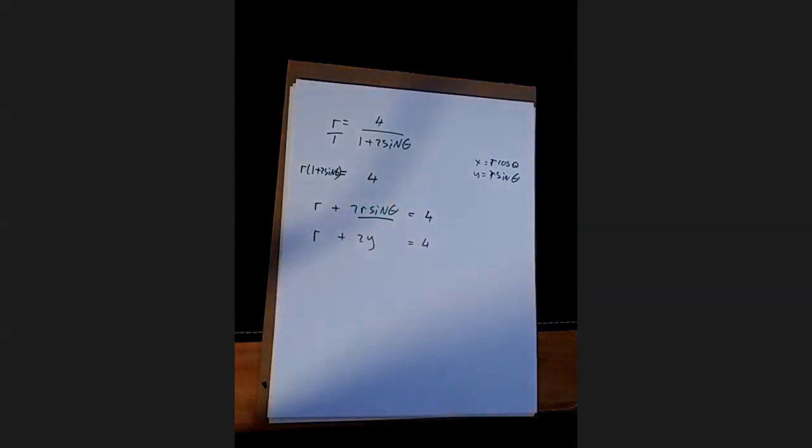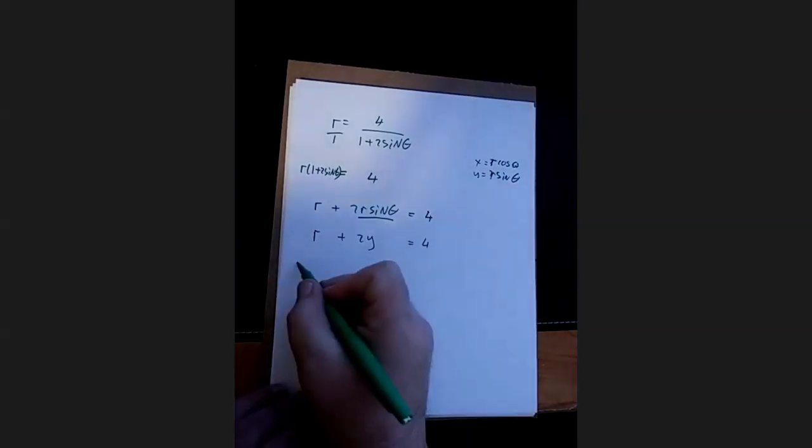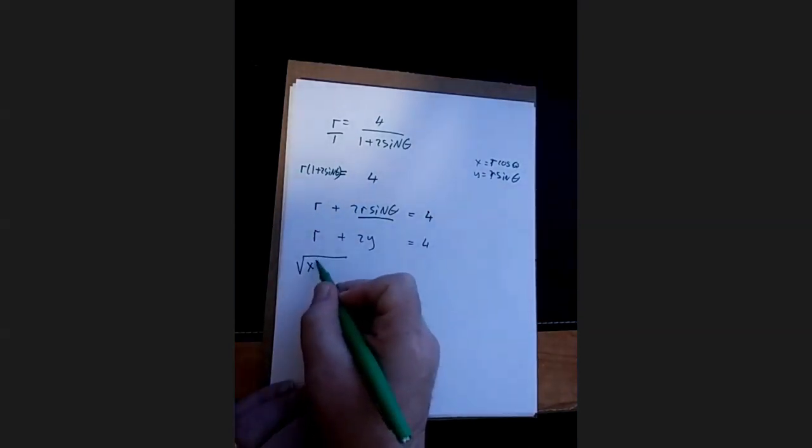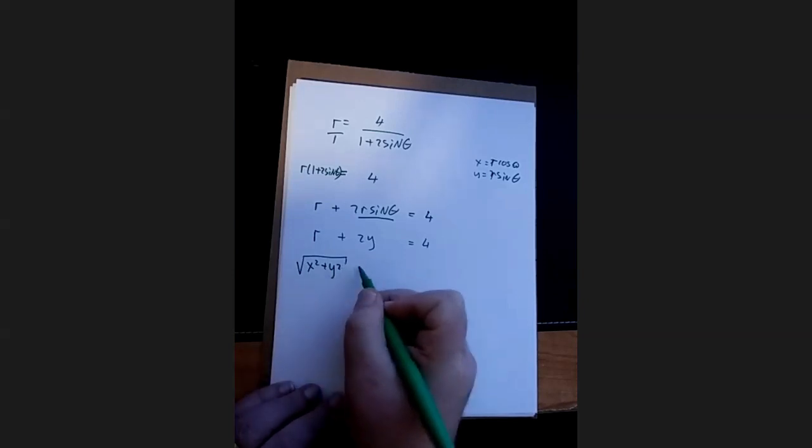So I'm nibbling at it a little bit at a time, right? My goal is to get nothing but X's and Y's when I'm finished, right? What about R? Can I turn R into something? X squared plus Y squared? And because it's only R, I have to do the square root of it.